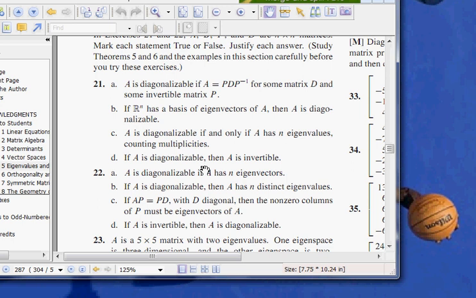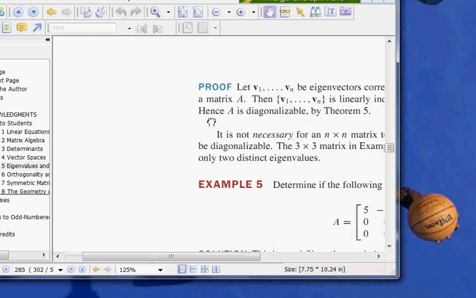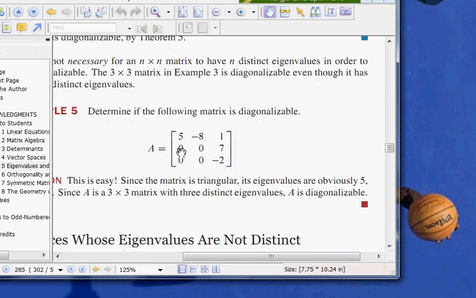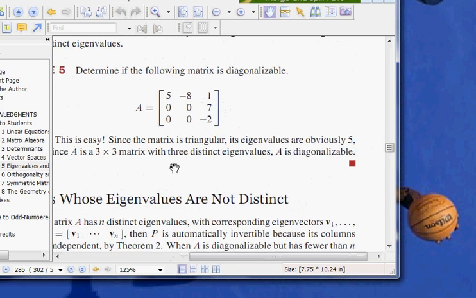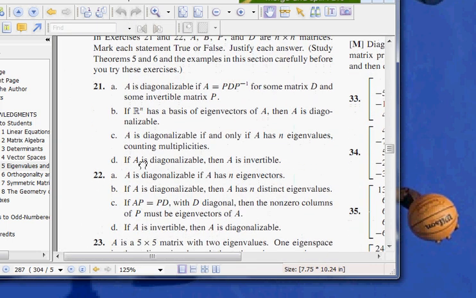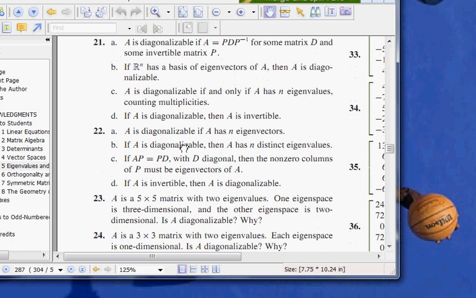But the thing is here, go back to example 3. So you have 5, 0, and minus 2, and it says that A is diagonalizable right there. So we know that 0 is an eigenvalue, and it was diagonalizable.